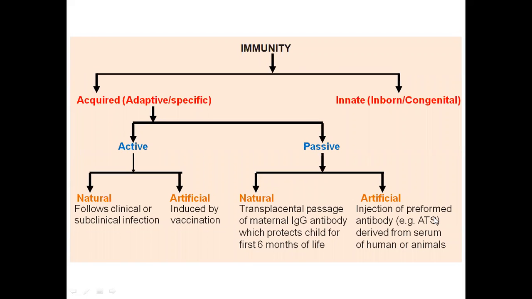Because does every human being get a dog bite in childhood? No. But the artificially active vaccination is given for those different viral or bacterial diseases whose entry cannot be avoided, because these pathogens enter into the human body or the newborn baby through food, water and air. Can we keep the baby away from water? No. Away from food items? No. Can we stop the exchange of air? No. So all these are unavoidable things.